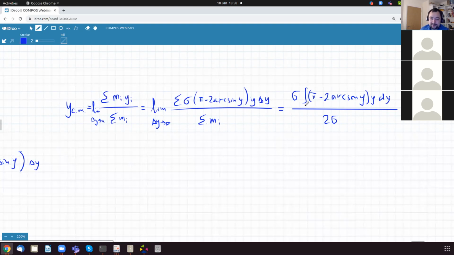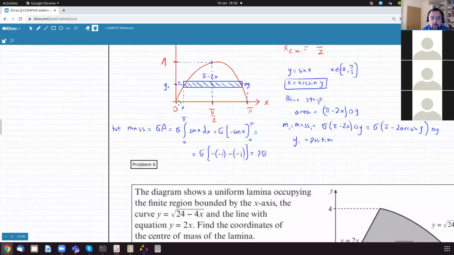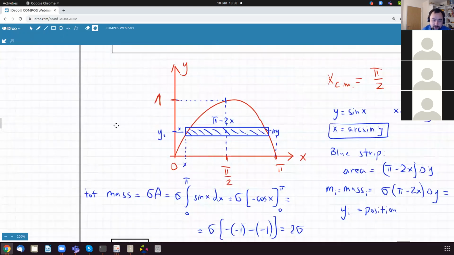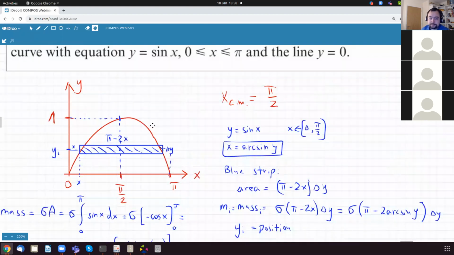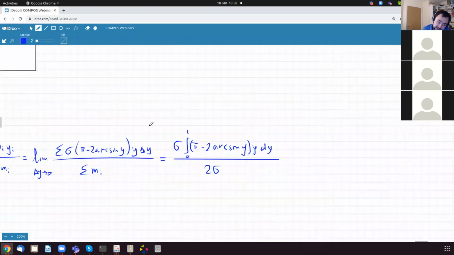And it goes from 0 to 1. The limits are from 0 to 1 because y only goes from 0 to 1. Sigma cancels.